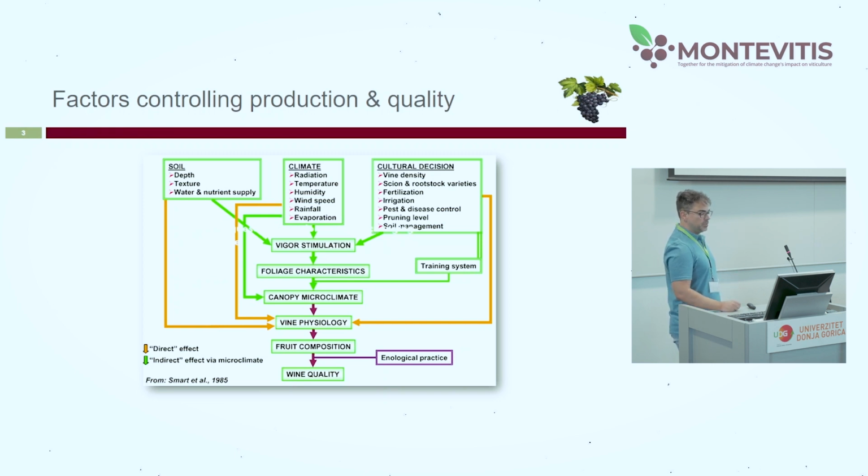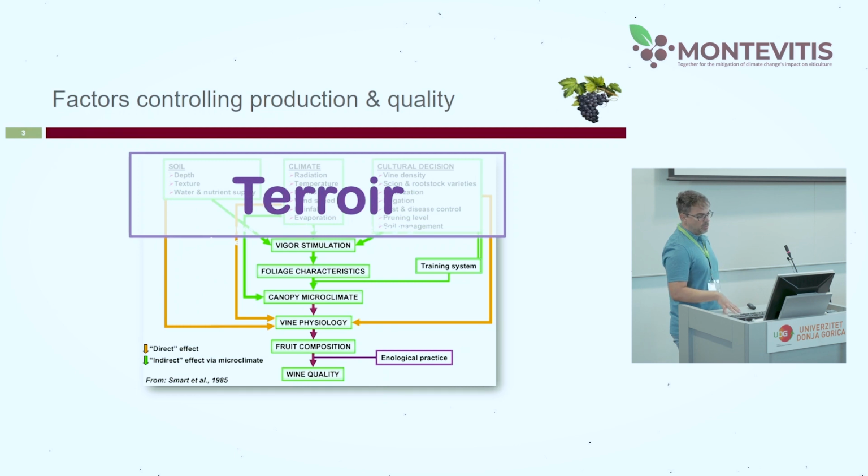The other is climate, of course: radiation, temperature, rain, humidity, wind speed, etc. And the other factor, of course, is the decisions of the wine growers, the cultural practices, what varieties they decided to plant, and how they decided to plant them. All these three factors are known in several regions as the terroir. These are the three main components. Of course, terroir also includes other factors, but these three are very important.